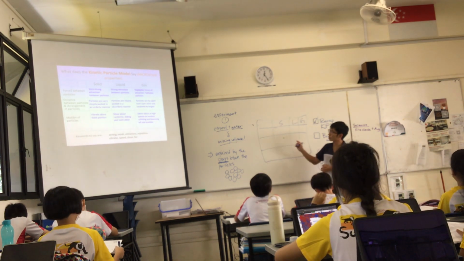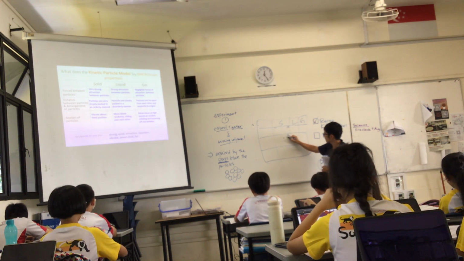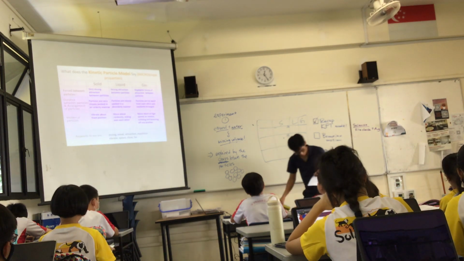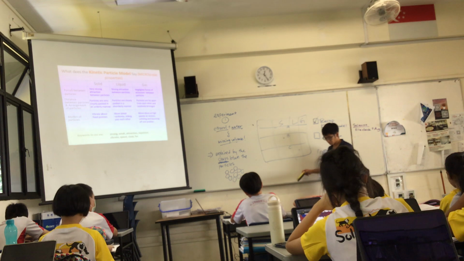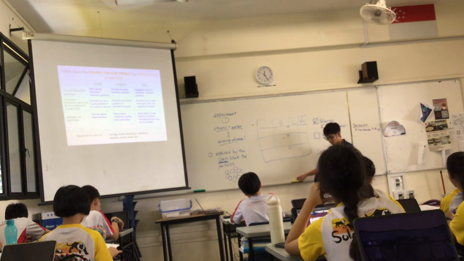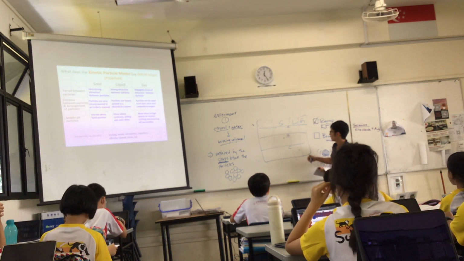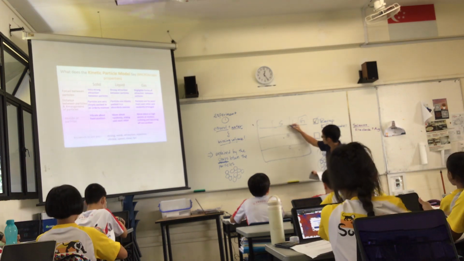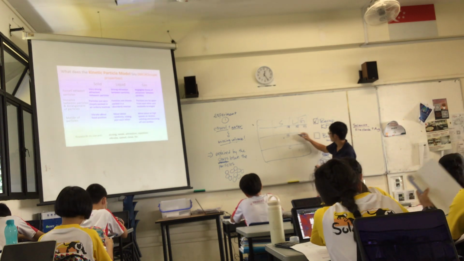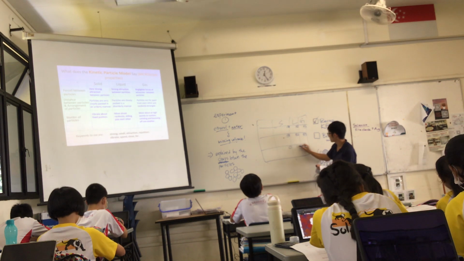Could you on the top right hand corner put A, B, C? So this one A1. So now A2, A3, B1, B2, B3, C1, C2, C3.